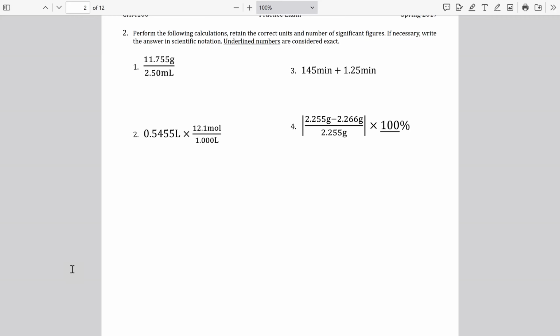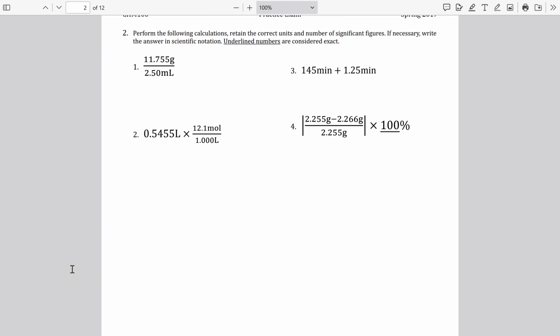So the trick with switching our operations when it comes to sig figs is every time we switch operations, we have to do our rounding, right? Because how do we decide whether our multiplication rules are more important than our addition subtraction rules? We just do the rounding every time we switch back and forth. So the first operation we have to do here is the subtraction piece.